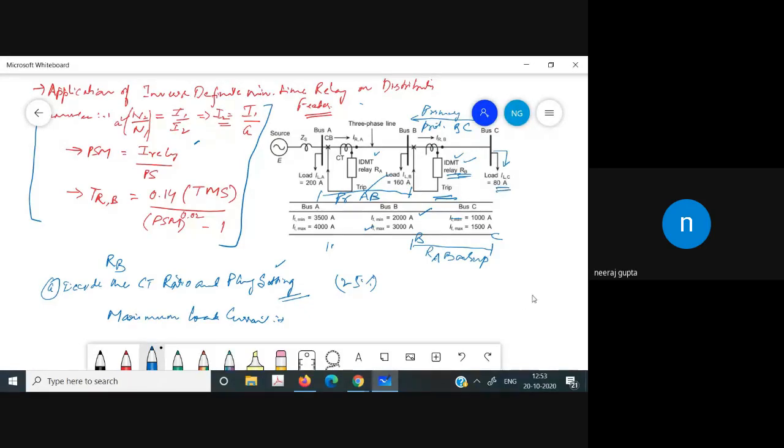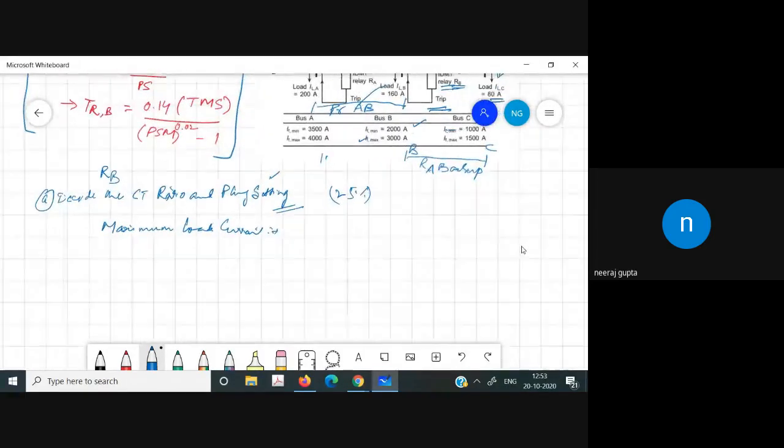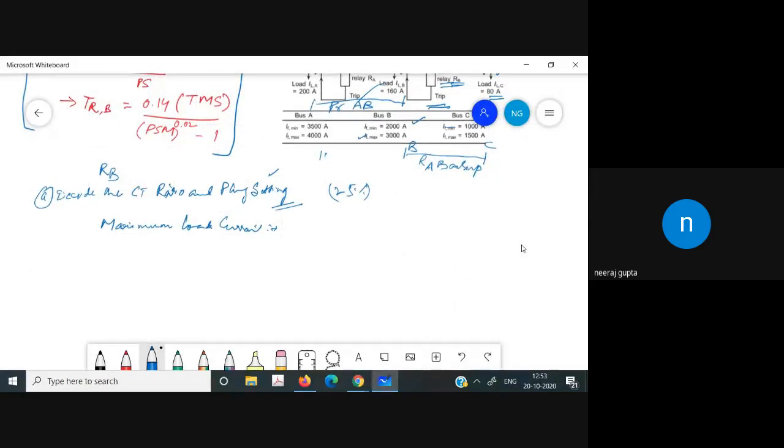So the maximum load current, taking the overloading into consideration, is 80 plus 25% of 80, meaning we allow 25% overloading on 80, and finally it is 100 ampere. So the maximum load current in this case is 100 ampere.